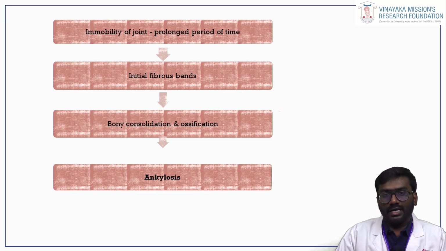The entire joint cavity is replaced by a stiff bone, resulting in a condition called ankylosis. So this is the exact pathogenesis of how ankylosis happens after a trauma.